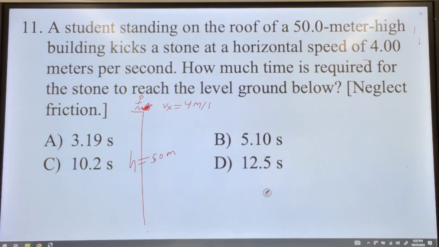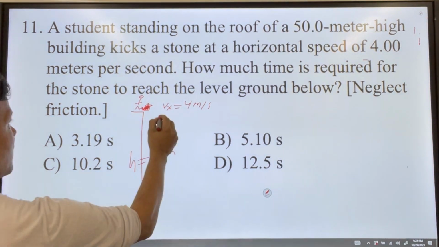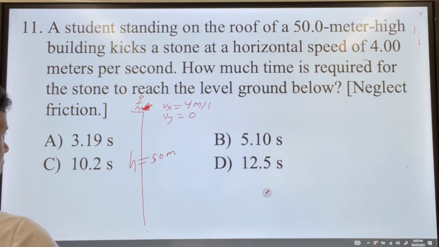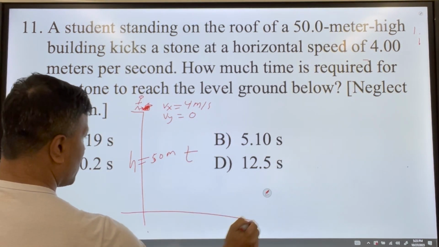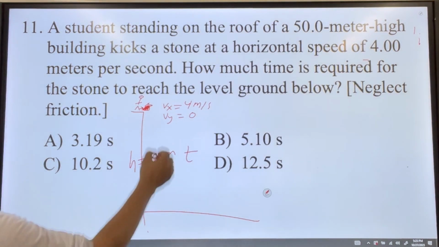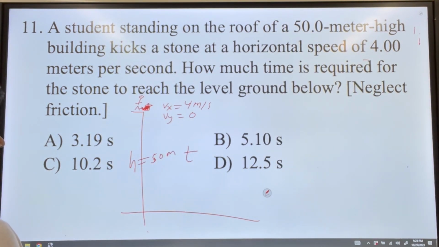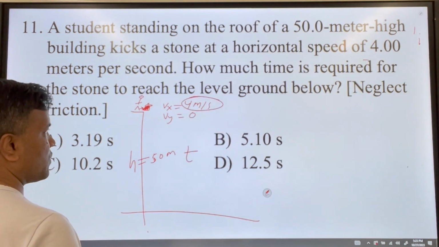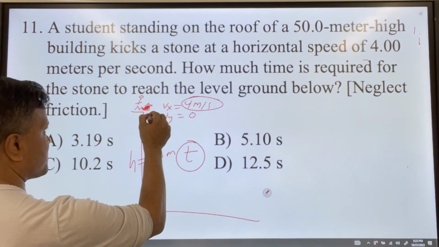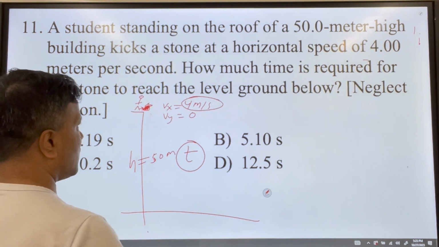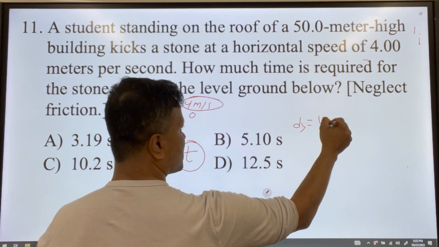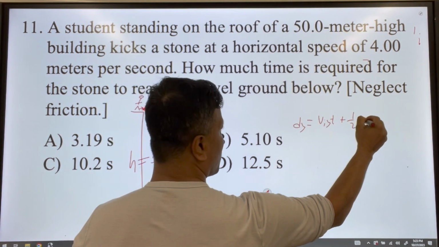How much time is required? Horizontal velocity has no business whatsoever with the time it takes for the rock to fall. Only the vertical velocity matters. So dy is equal to Viy t plus half Ay t squared.